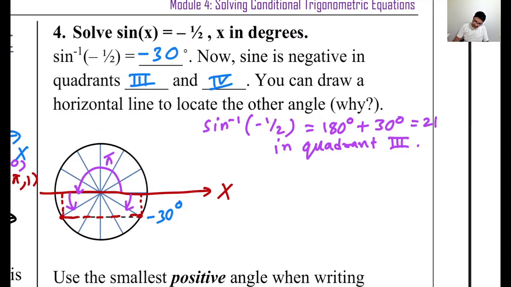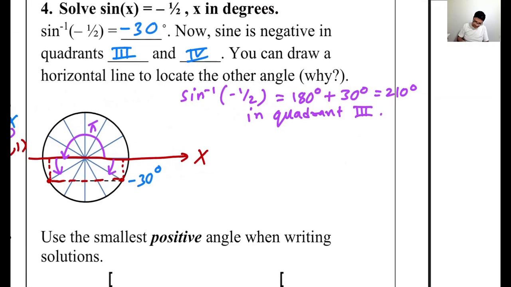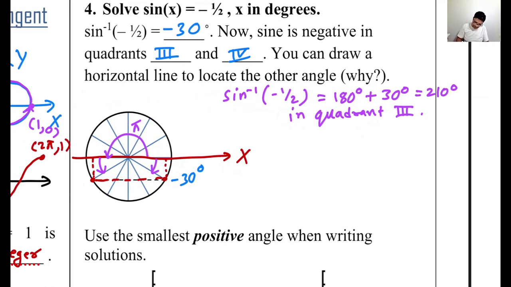This is 210 degrees. Minus 30 degrees is the same as 330 degrees if you go anti-clockwise. And here also I ask the same question. You can get this by drawing the horizontal line. Why? And you know the answer. It's because that's the y coordinate.